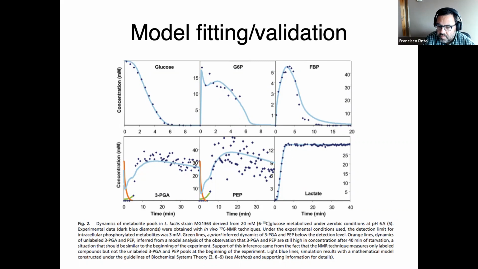You can use optimization strategies to fit the values of the parameters, but in most cases, you are able to fit well some of the variables, but others, because there is much experimental noise in the determination of the value of some variables, are more difficult to achieve a nice fit.